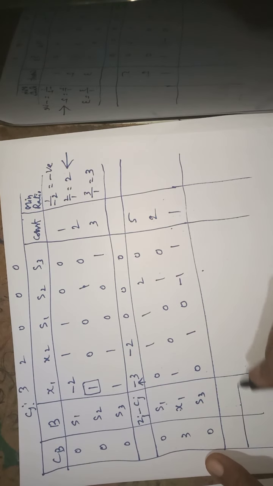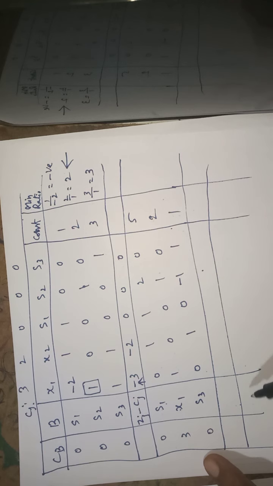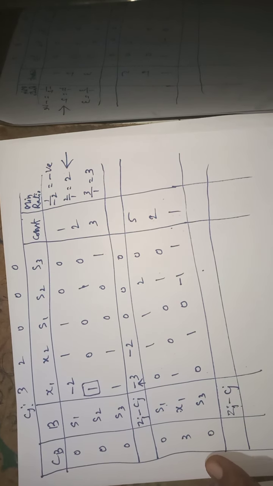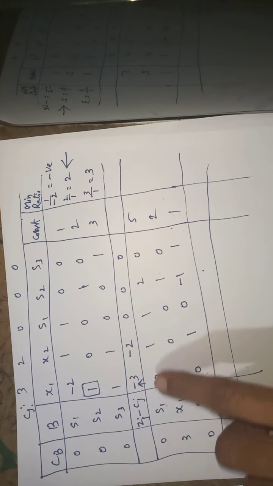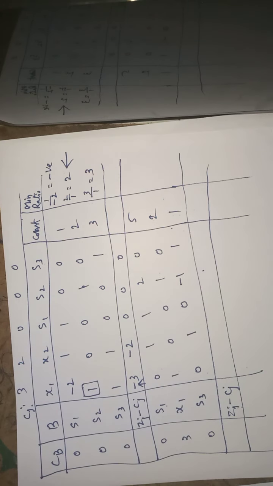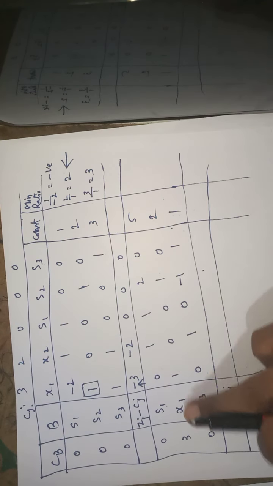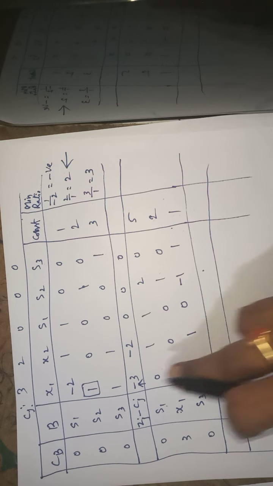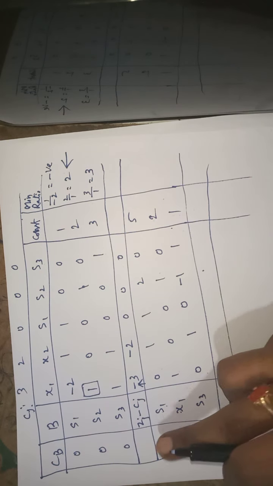Now again we will find the index row. Index row is again Zj minus Cj. Zj minus Cj means this into this plus this into this plus this into this minus Cj. Now tell me, 0 into 0 plus 3 into 1 plus 0 into 0 minus 3, that is 0.